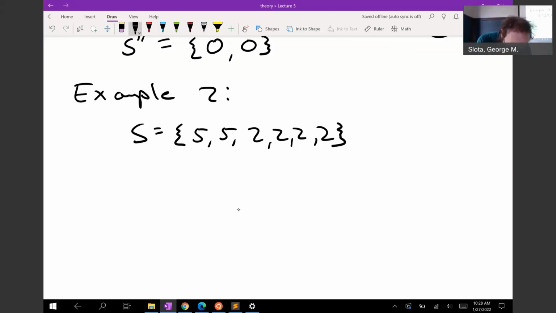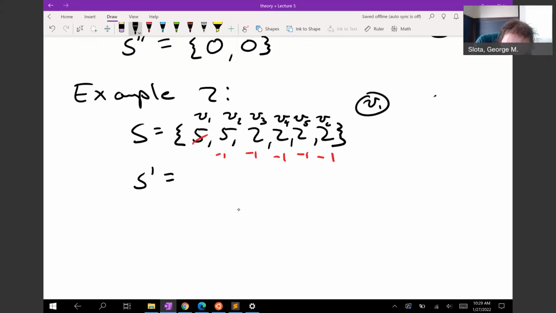Well, let's take a look at S prime here. So we remove -1, -1, -1, -1, 5 times. And probably draw this out too. Might as well just do both. It's going to be a little more involved with the drawing, but I think we can manage. Right, I can already tell that this is going to be a mess.